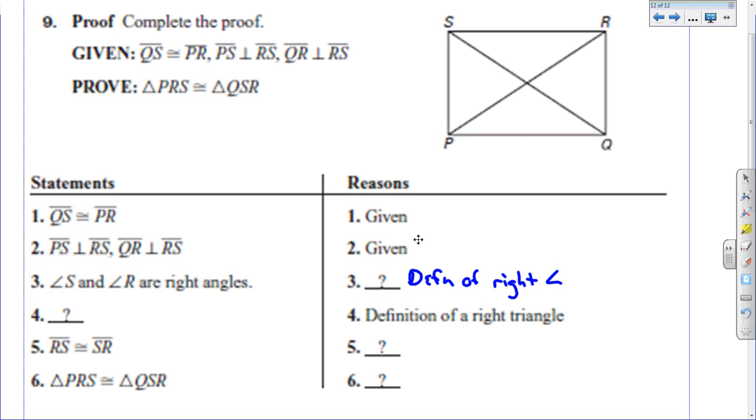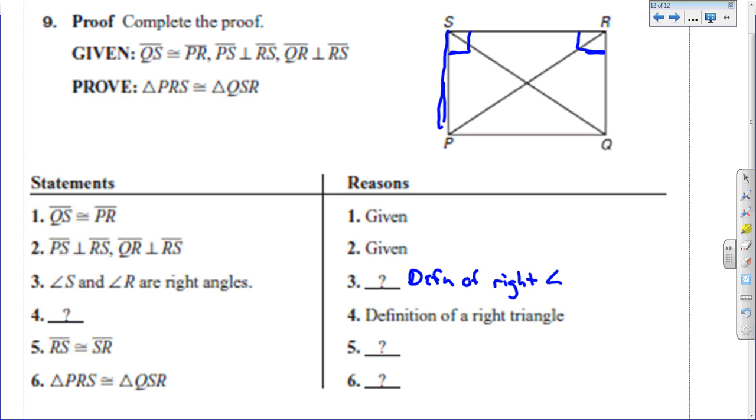Then PS is perpendicular to RS. That means that is a right angle, and QR is perpendicular to RS. That means that is a right angle. So then we know that two triangles are right triangles in here.